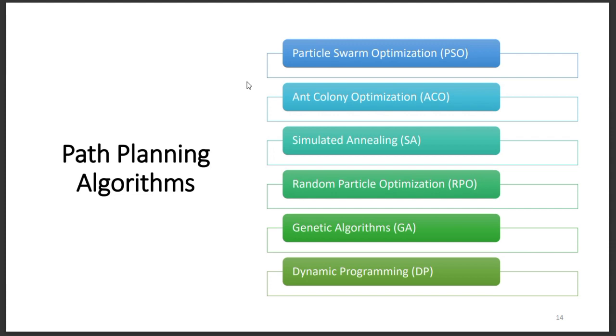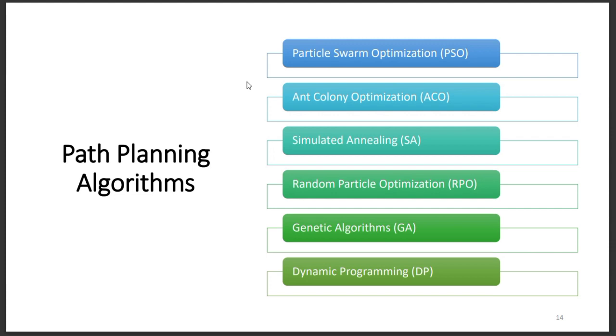Ant colony optimization is like ants: how ants communicate with each other when they find something to eat like sugar. Ants have a big community, they live in a big community and connections are created. Then annealing algorithm and random particle optimization.